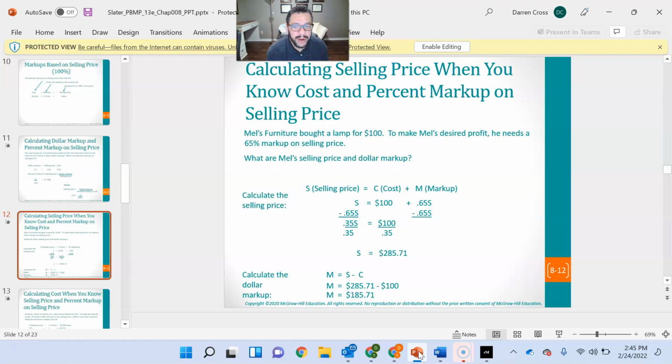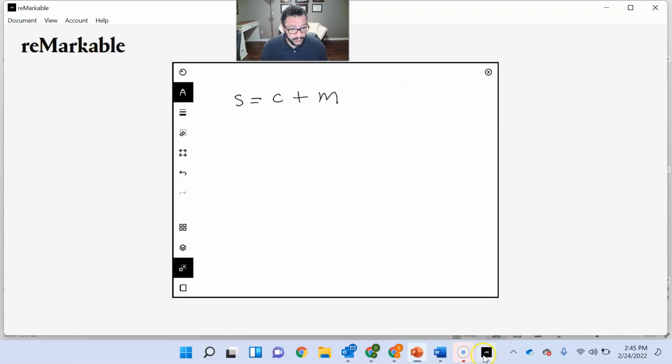To make his desired profit, he needs a markup on selling price. So he bought the lamp for $100. It cost him $100. He's going to resell it and make a profit. So the cost is $100.